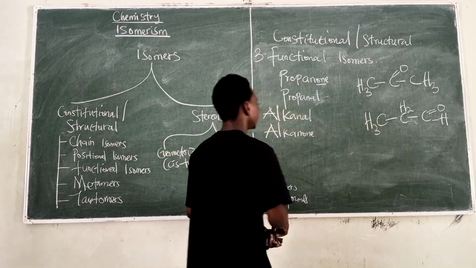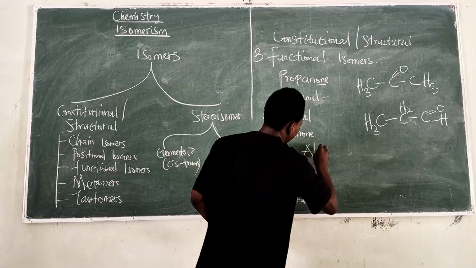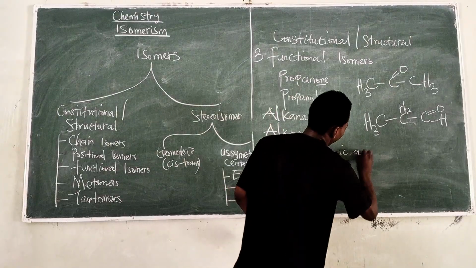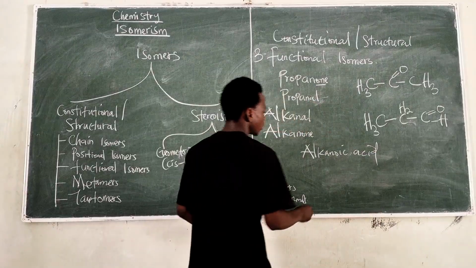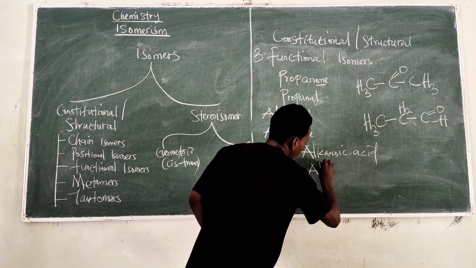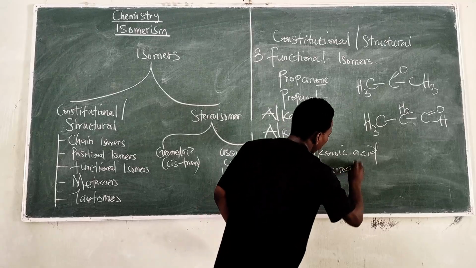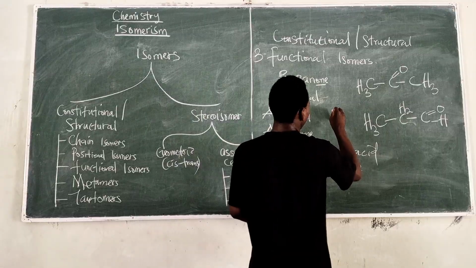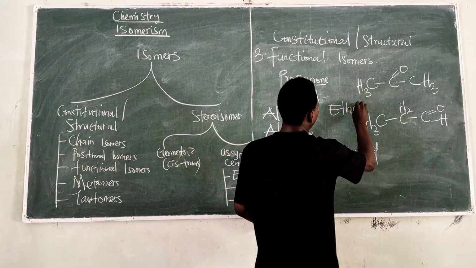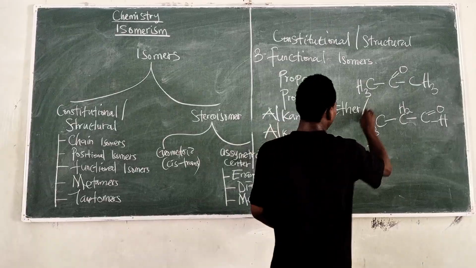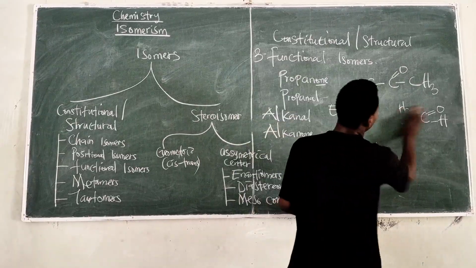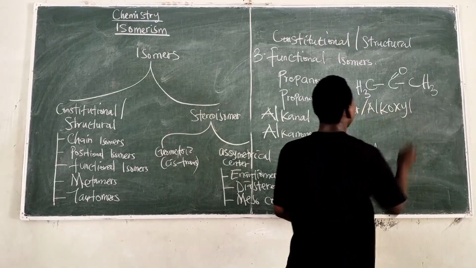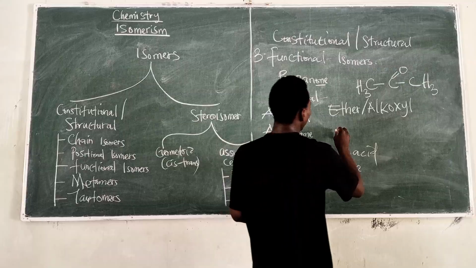Also, alkanoic acids form functional isomers with alkyl alkanoates, also known as the esters. Lastly, ethers, also called the alkoxyalkanes, form functional isomers with alcohols.